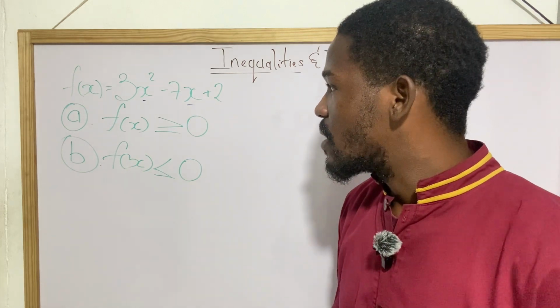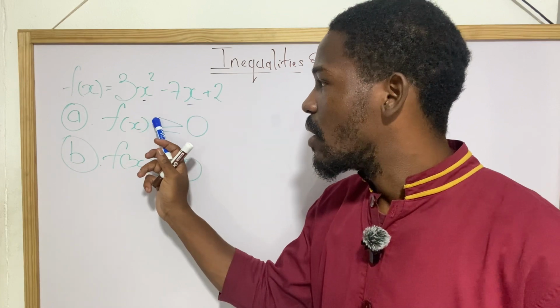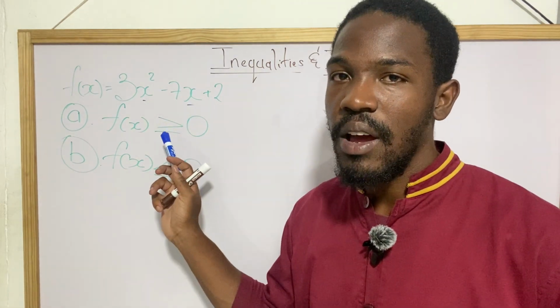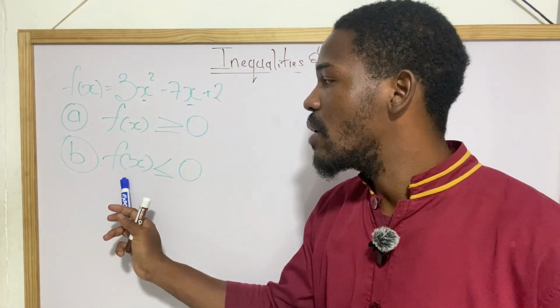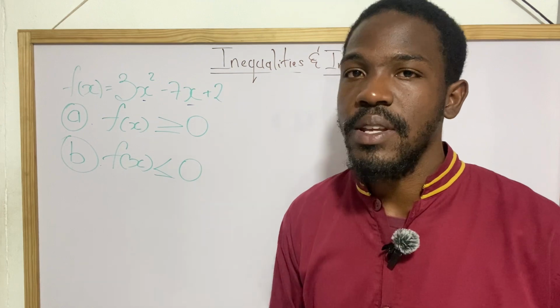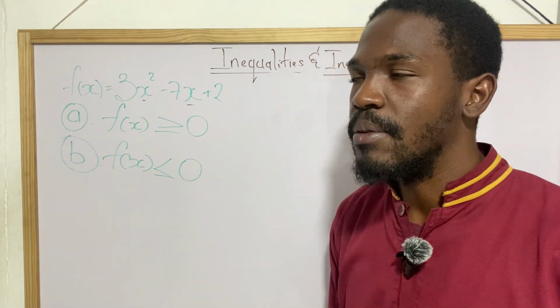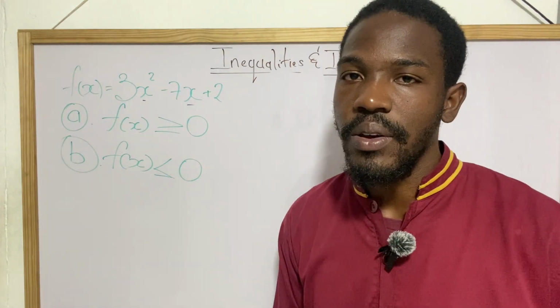And in that, we're going to find out in what scenario, using the inequation, x is greater than or equal to 0. So we're going to start with a, and then we're going to move on to b. And we're going to also represent this information on the number line. So you're going to see a total breakdown of how to solve quadratic inequations.